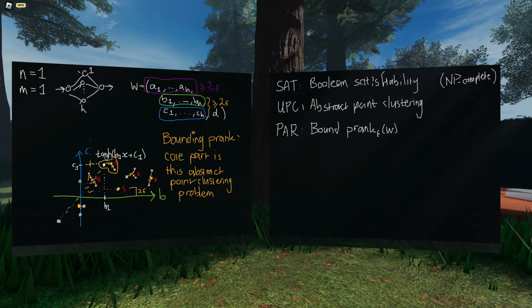But it is useful if you want to show that it's really hard to solve PAR, because what we've got is that if you can solve PAR, then you can solve UPC.